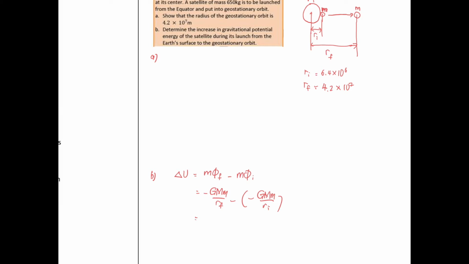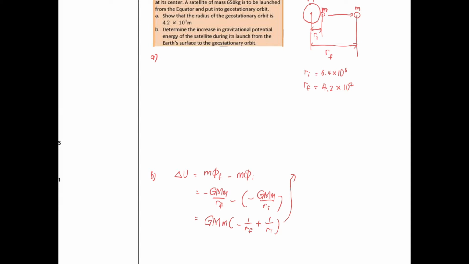Of course, to make it easier, I will just factorize the GMm. This will be easier for our calculation if I factorize the G and M.